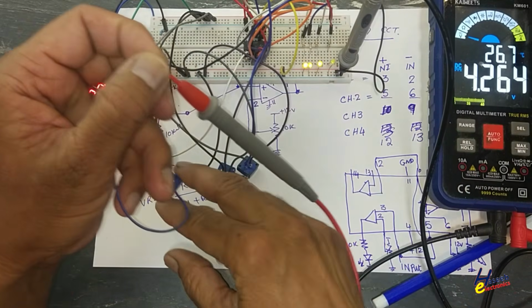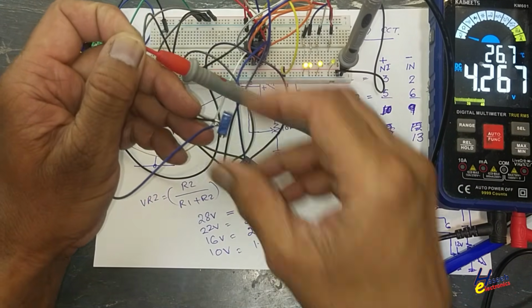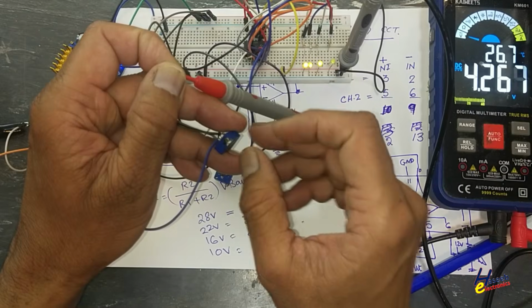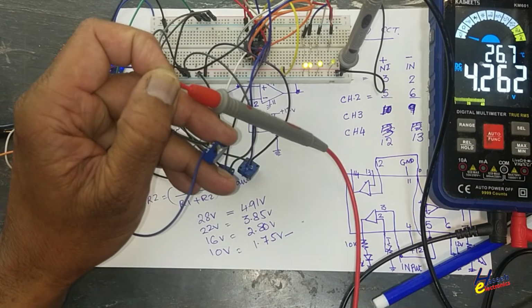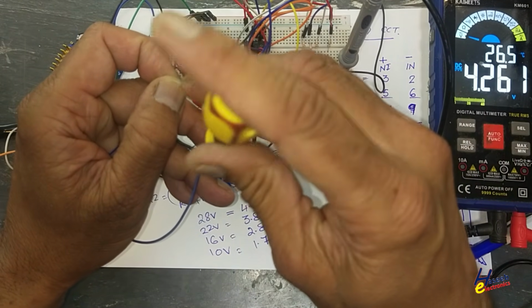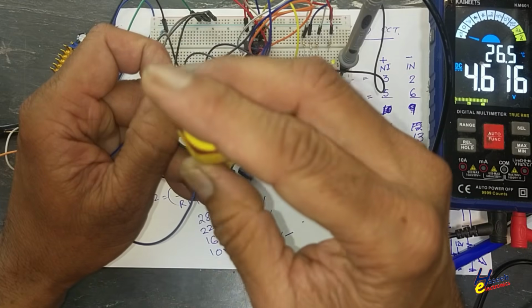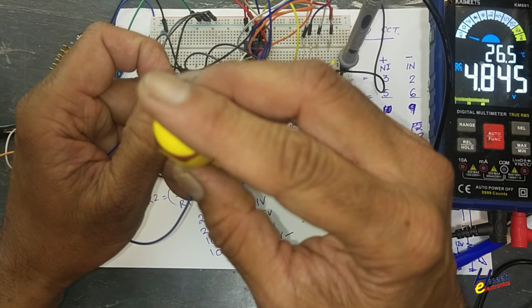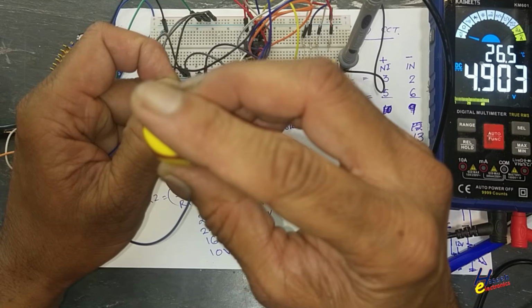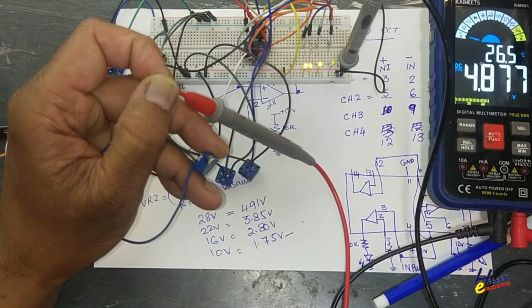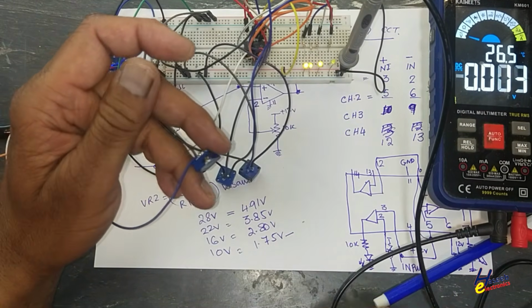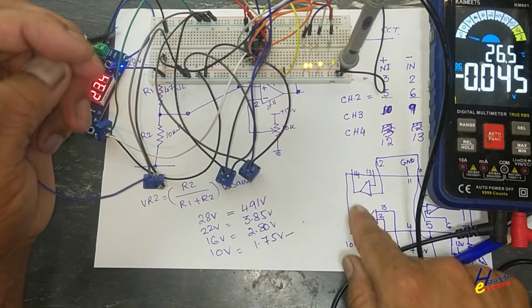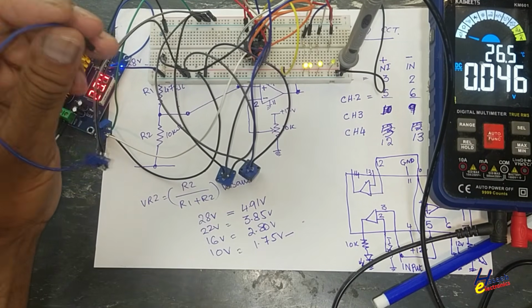We want to adjust the last reference at 4.91 volts. Yes, it's good. This reference pin will be connected at pin number 13.